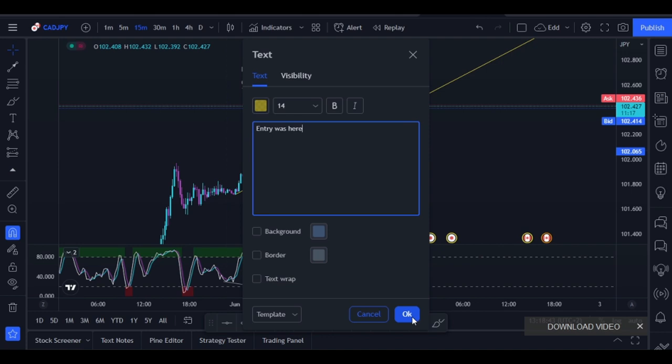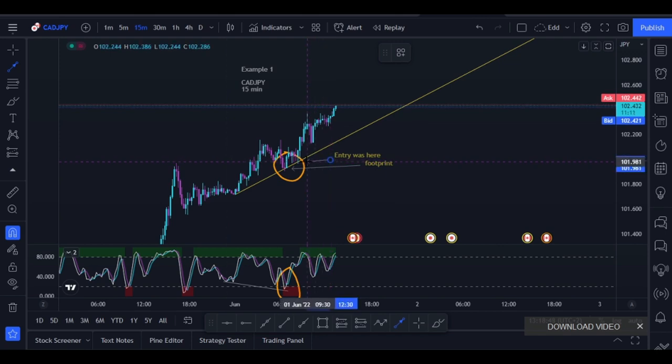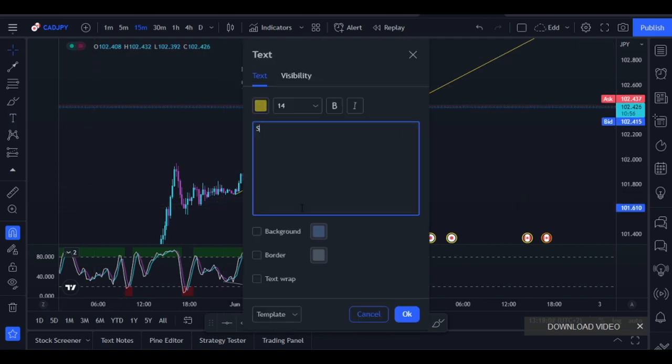Okay, let's type this out. Entry was here. Let's draw a line right there. Then let me type this out: your stop loss.